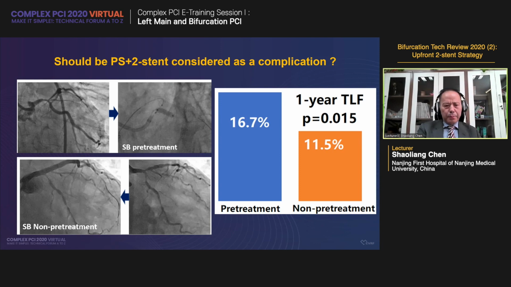For the provisional stenting technique, before stenting the main vessel, we still have 2 different strategies: side branch predilation or no predilation. At 1 year follow-up, in the side branch pretreatment group, the 1 year TLF was around 16.7% compared to only 11.5% in the non-pretreatment subgroup. I think this will be meaningful for our interventional cardiologists to decide whether or not to predilate the side branch.